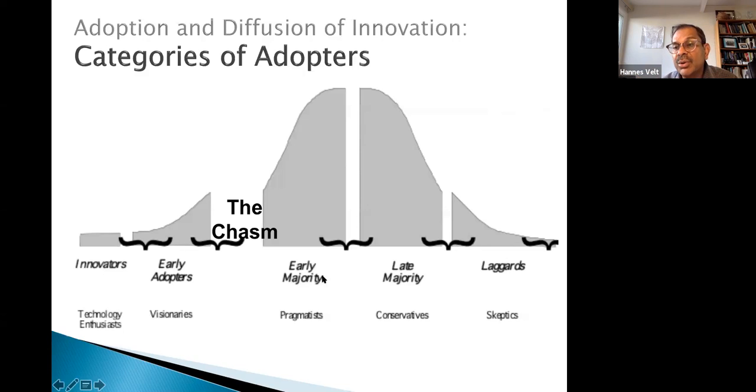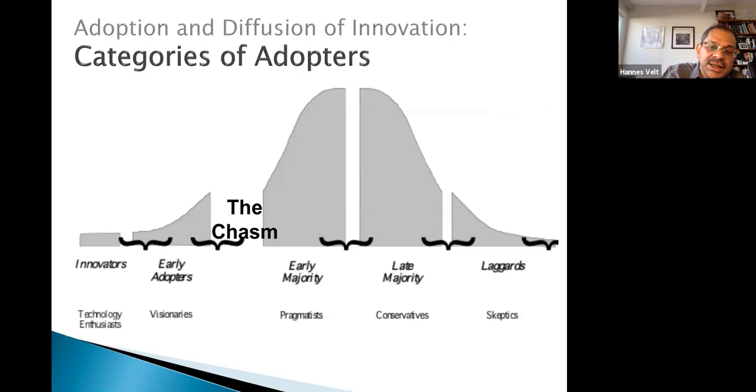Early majority will only buy for very tangible reasons. How does this benefit me from an economic standpoint or an efficiency standpoint? How does it help to increase my revenue or lower my costs? Late majority, they are technology averse. And the laggards are skeptics. They will wait a long time. There's no point in really targeting them.